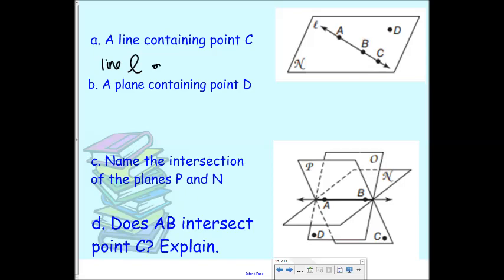I could either call it plane N, or what could I call it? Box. And how many letters? How many letters do you need for a plane? 3? Any 3 letters that are points on that plane. So give me any 3 letters that are on a plane. A, B, C. Good. Plane ABC.